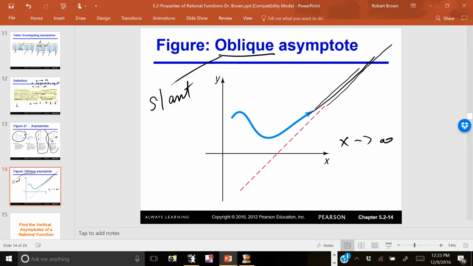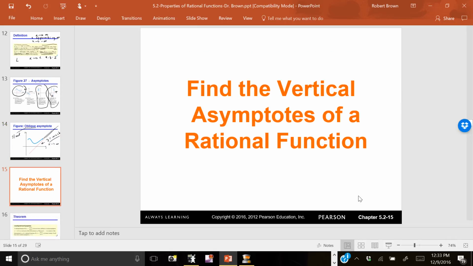In fact, this straight line could be y equal mx plus b, which you notice is the general equation for a straight line. And we will see a little bit later that to determine what the oblique asymptote is, you use long division, which is one thing you're going to need to learn very quickly.